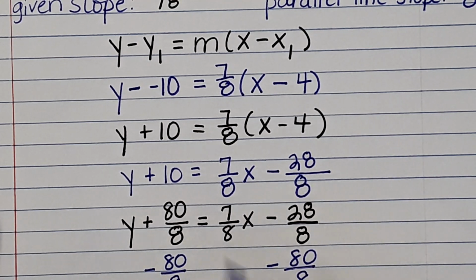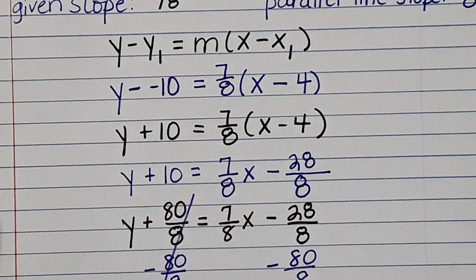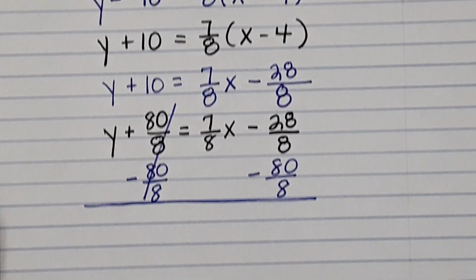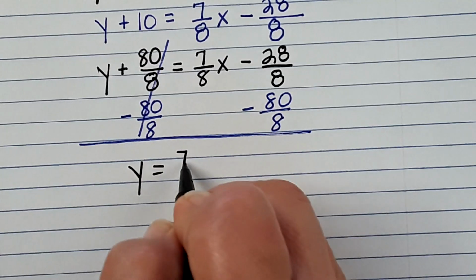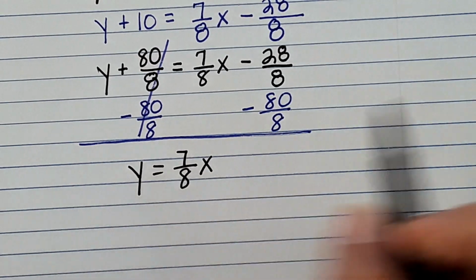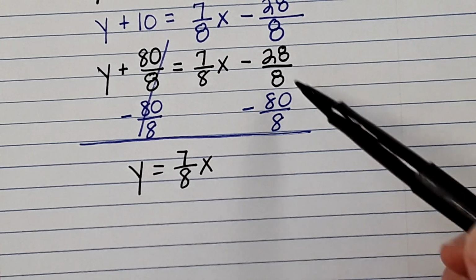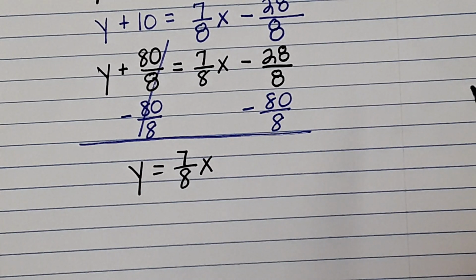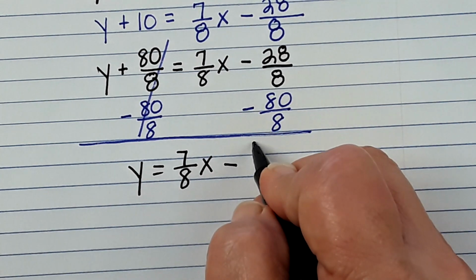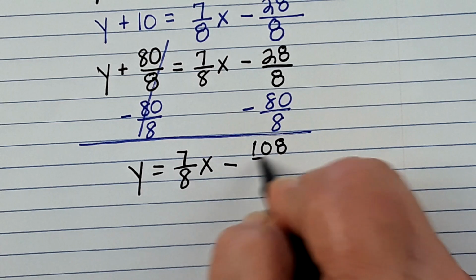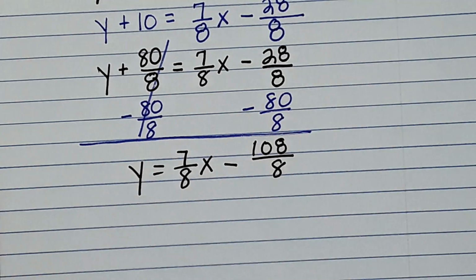Well, I'm sorry, we're going to subtract 80/8ths from both sides. y equals 7/8 x. And what is -28/8 minus 80/8? I believe it's -108 over 8. And there's only one thing left to do.